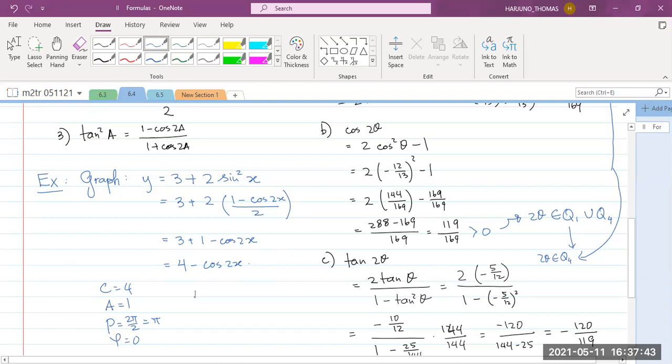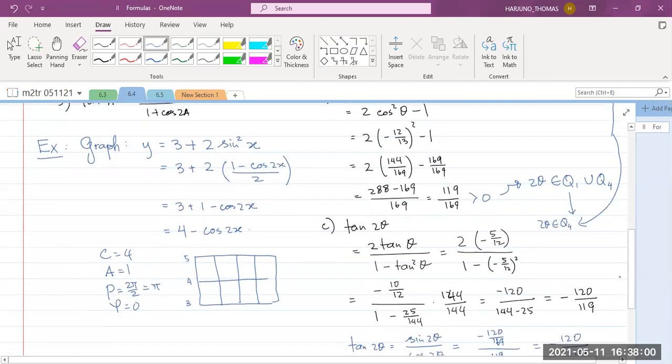So when I graph that in the window, the center is 4, the maximum is 5, the minimum is 3, which means this graph has no x-intercept, right?